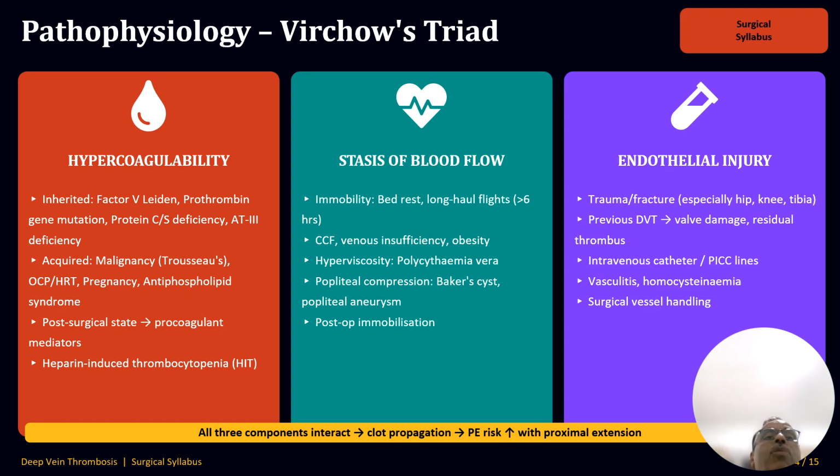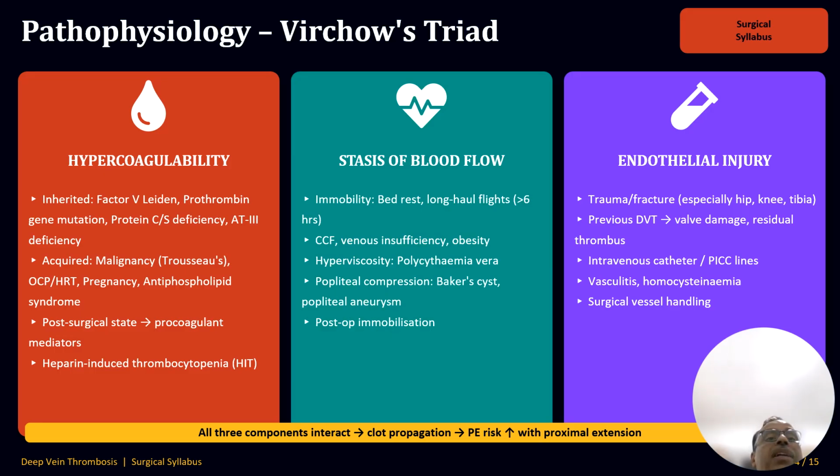The first and foremost is hypercoagulability or hypercoagulable state, which can be inherited or acquired. Now, what are the inherited hypercoagulable states? We have prothrombin gene mutation, protein C and protein S deficiency, or antithrombin 3 deficiency. Now, these congenital conditions would lead to a hypercoagulable state, leading to increased predisposition to deep vein thrombosis.